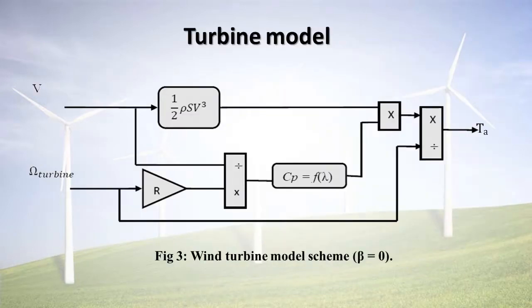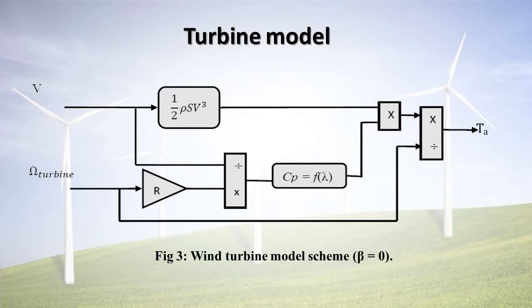Okay, turbine model. The block diagram figure 3 corresponds to this modeling of the turbine. The inputs of the turbine are the wind speed, the angle of orientation of the blades beta, and the speed of rotation of the turbine.